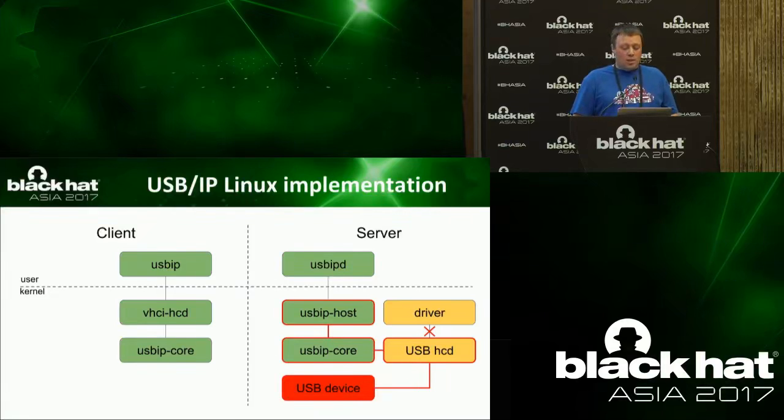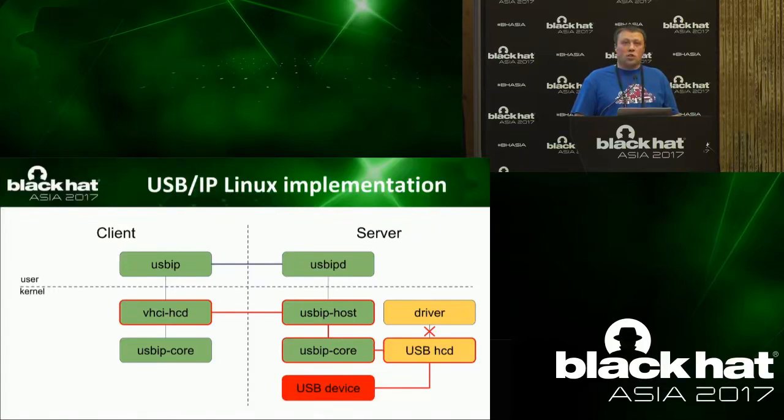At some point later, a client comes into play. The client contacts the USB IP server and asks if it can import any device. What happens then is the USB IP host driver establishes a logical connection to the virtual host controller on the client side and begins forwarding all URBs there.